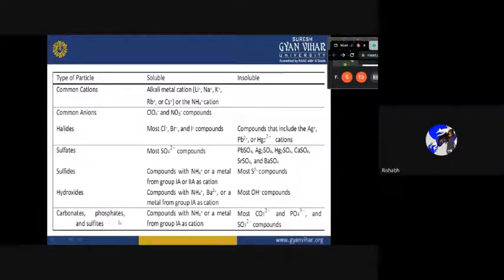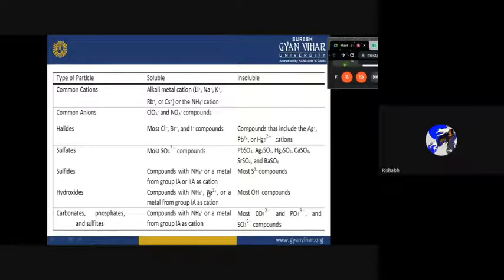Then comes your carbonate, phosphates, and sulfide compounds with NH4 positive or a metal from group 1A as a cation. Again, 1A, you must remember 1A is alkali metal, lithium, sodium, potassium.